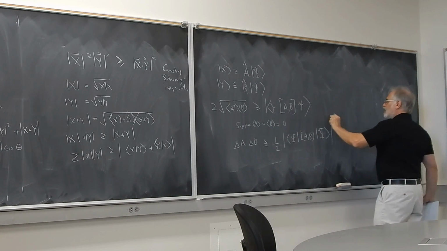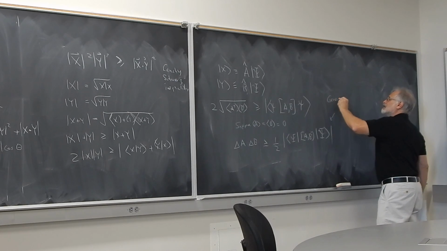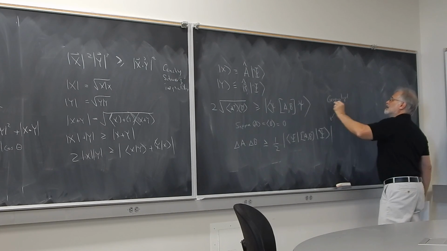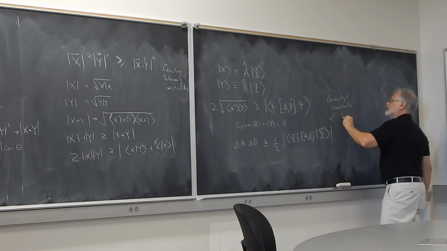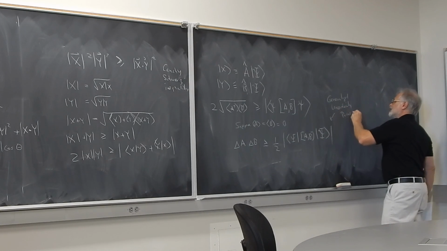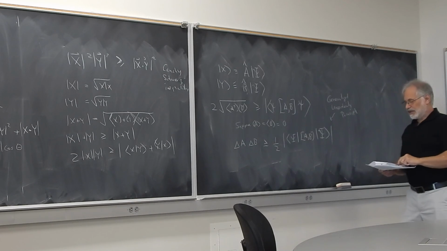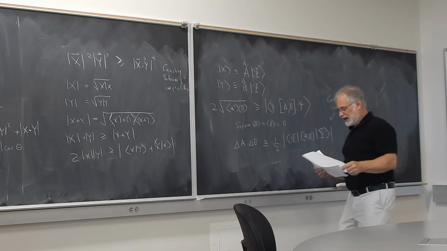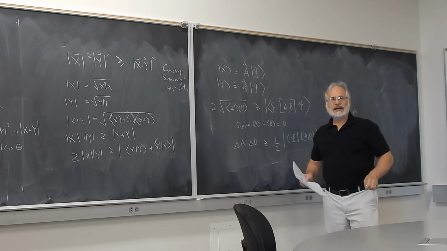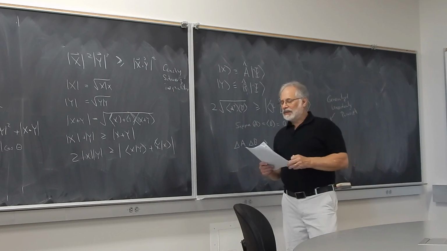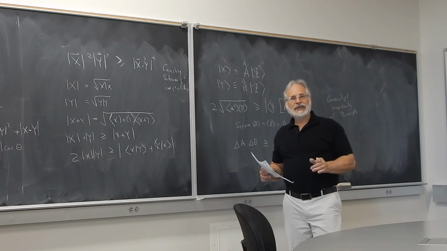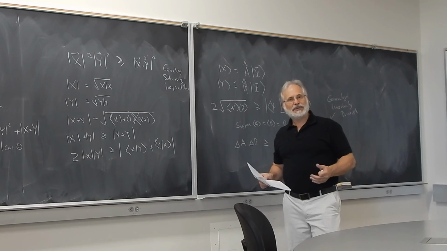This is what we call the generalized uncertainty principle. And we'll see the first place that we will apply it will be in our next lecture when we talk about momentum and position. And so let's pick up with that next time.